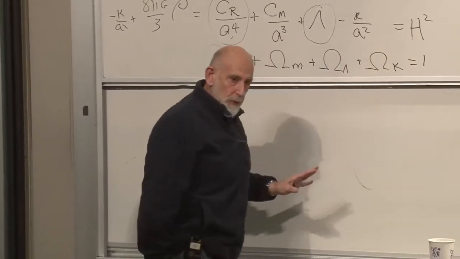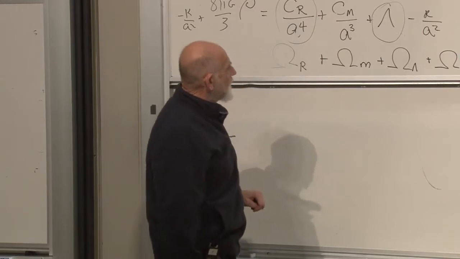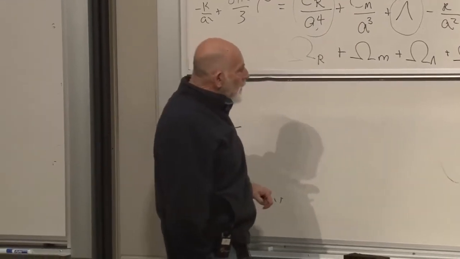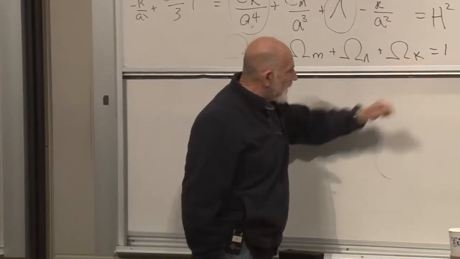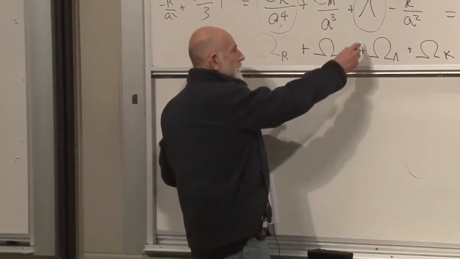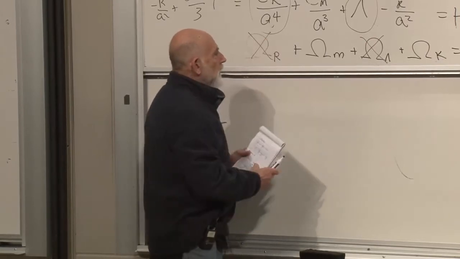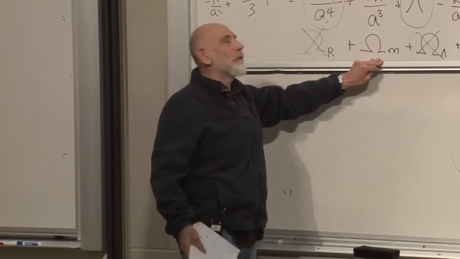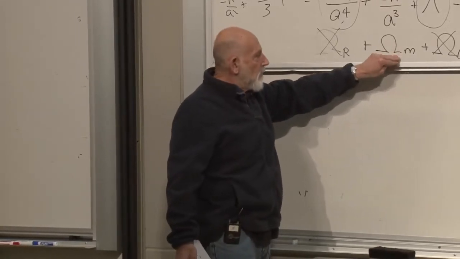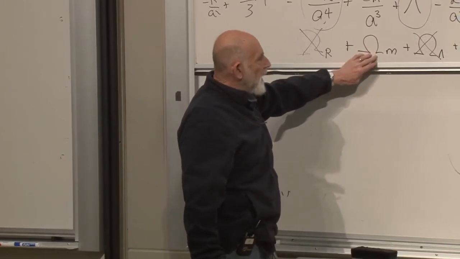H had been measured pretty well, and it was too big to correspond to C M over A cubed. In other words, of this 1 here, this had not been discovered. This was negligible. The omega matter was something like 1 over 20, maybe 1 over 30. I'm not sure exactly how big. Roughly 1 over 30. This was small.